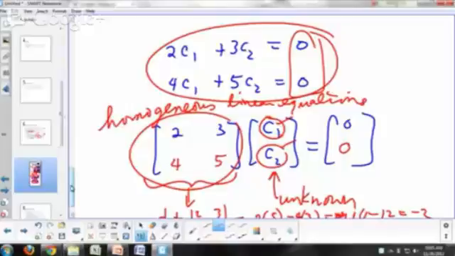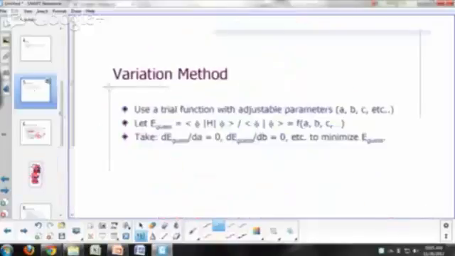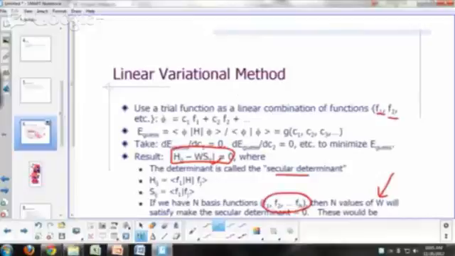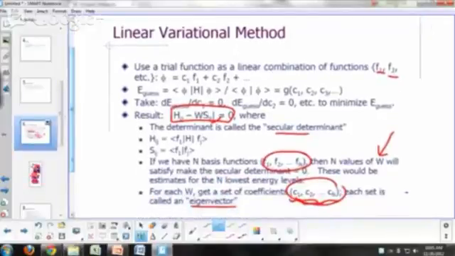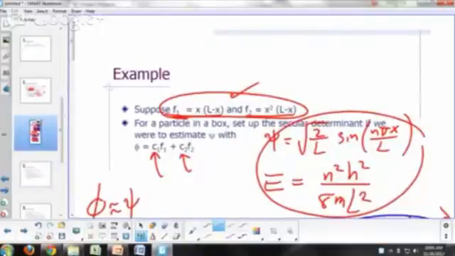And that's why we said earlier, when we did this for the linear variational method, that the secular determinant must be equal to 0 in order for you to get non-trivial solutions. That means a solution where all the C's are not 0, because if all the C's are 0, then your wave function is just 0, so it's useless. Okay? So this will give you n equations in n unknowns, and that would allow you to solve for n possible values of W. Let's do that on MathCAD.